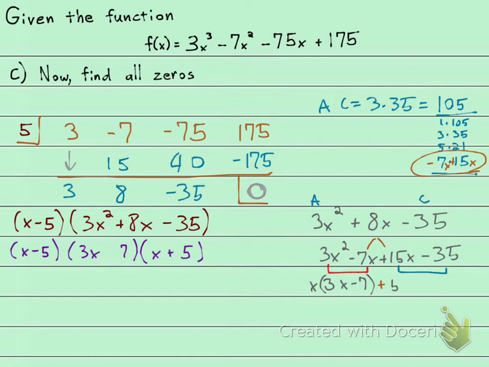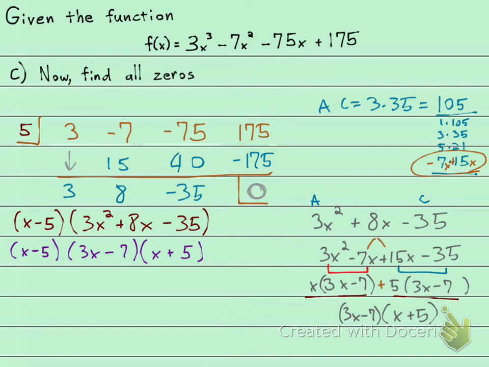Take out a 5 out of the second group, and I'll be left with 3x minus 7. Okay, both groups have a 3x minus 7, and if I factor that out of both groups, I will be left with x plus 5. All right, and that is what I had here. And somehow my minus went away. There it is, back.